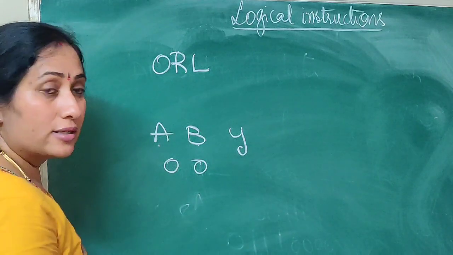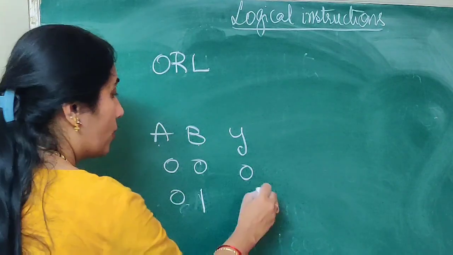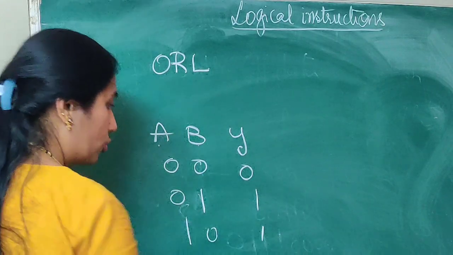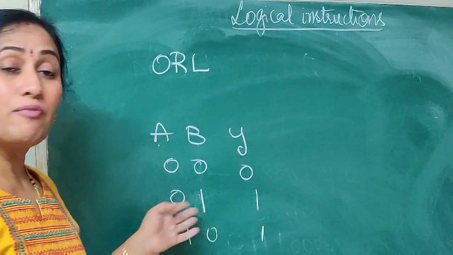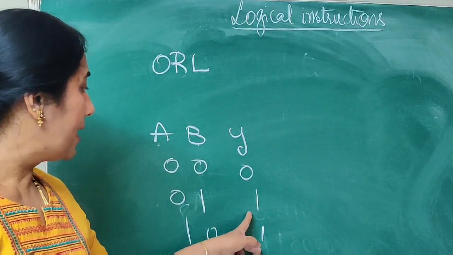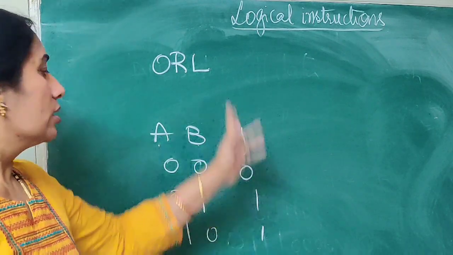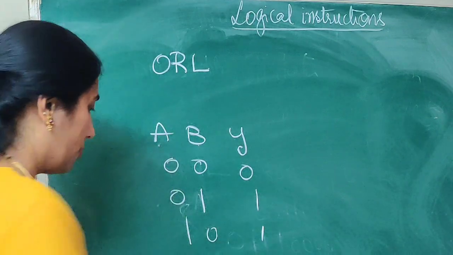If both the inputs are 0, 0, then the output is going to be 0. If it is 0, 1, the output will be 1; 1, 0, the output will be 1; 1, 1, the output will be 1. So if any one of the inputs is high, or if both the inputs are high, the output will be high, and if both the inputs are 0, the output will be 0. This is the truth table of the OR operation.